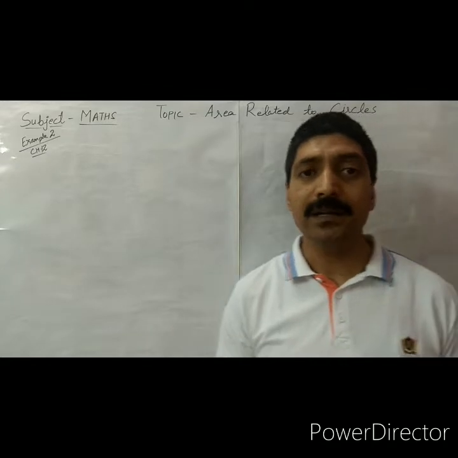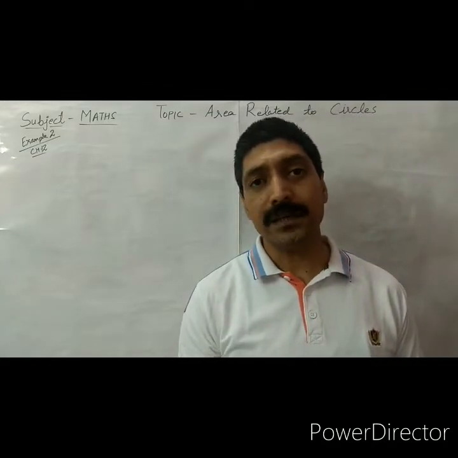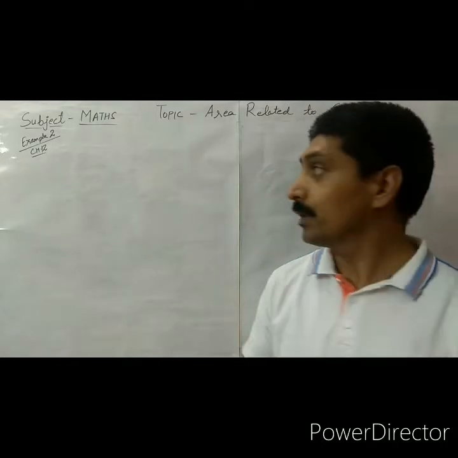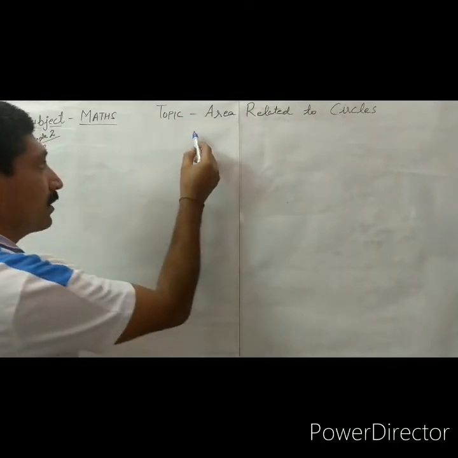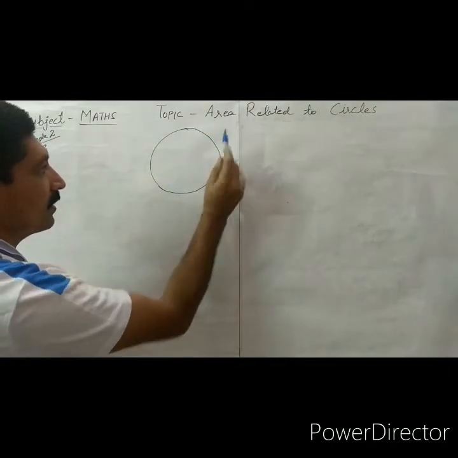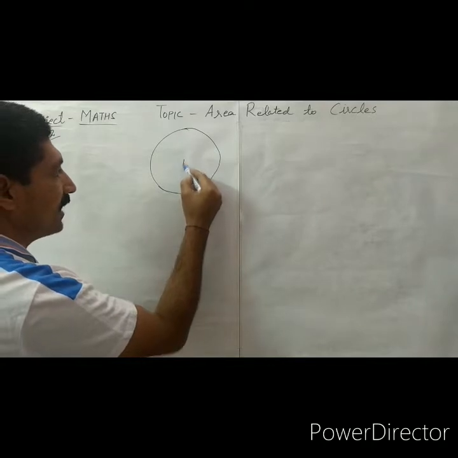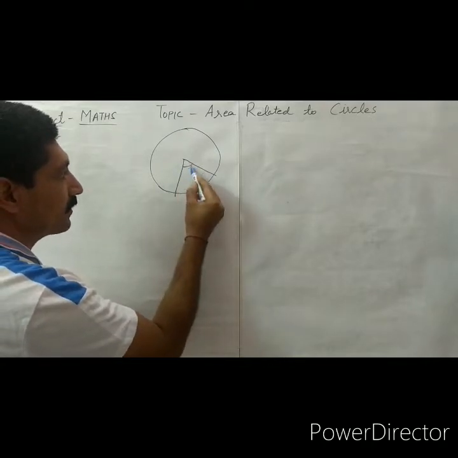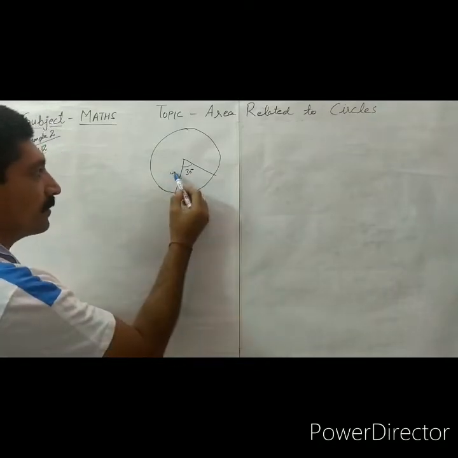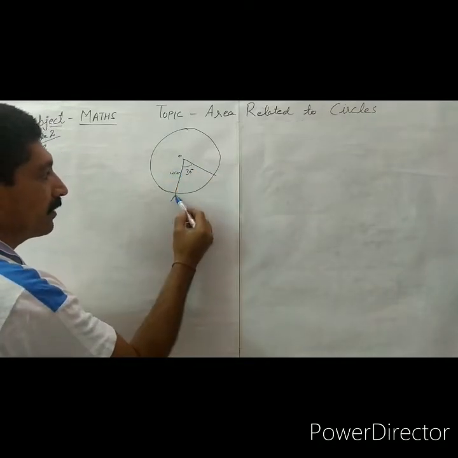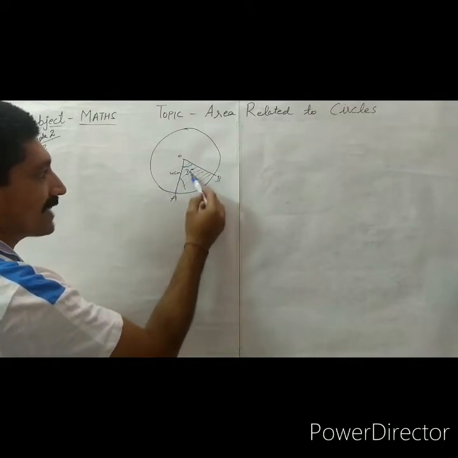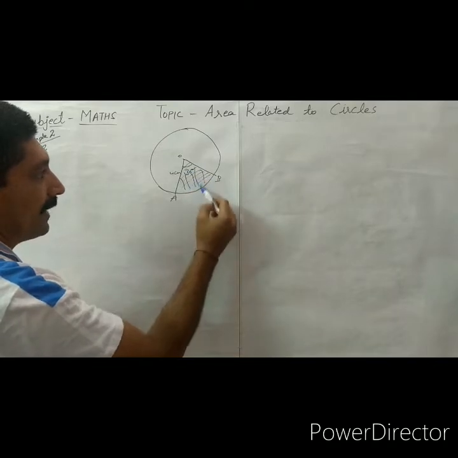And the second part: also find the area of the corresponding major sector. So we have two parts. We have one circle, and in this circle the angle subtended is 30 degrees and the radius is 4 centimeter. So how do we find this shaded area? First, the sector. Sector means minor sector.